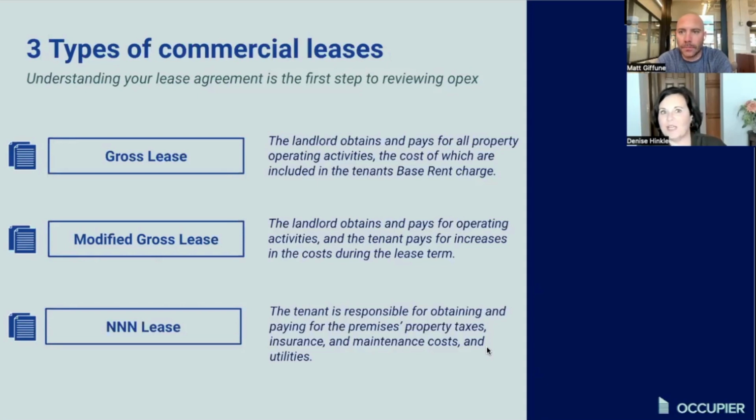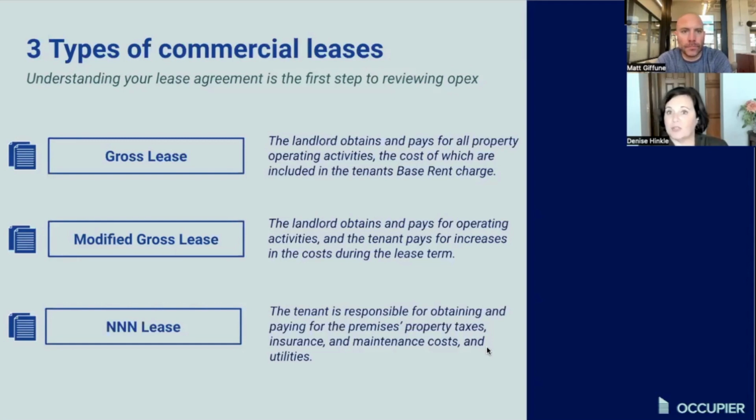Yeah, see, for me on the other side of that, and I completely misspoke, and I'm sorry for that, the gross lease would be the tenant is paying the landlord a sum for base rent, which is inclusive of all of the expenses. So there isn't necessarily a chargeback per se of those expenses.